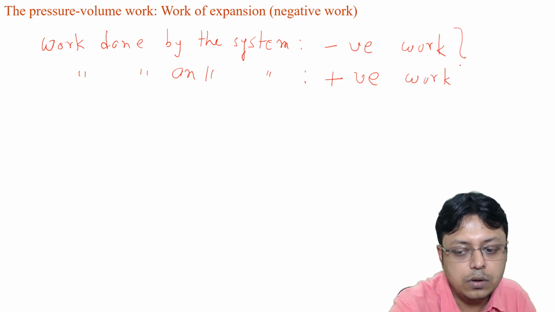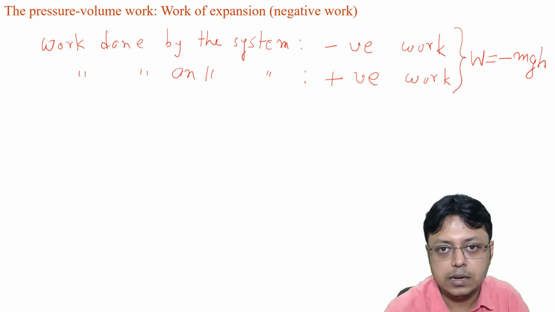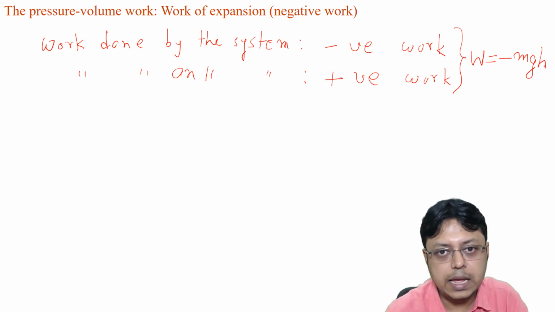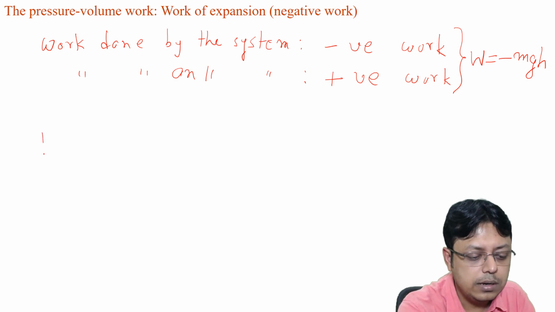And for that we asserted that in the definition of the work, we have to insert a negative sign. Now think about a hypothetical system which is a gas in a container. In this case, think about the container as a cylinder.